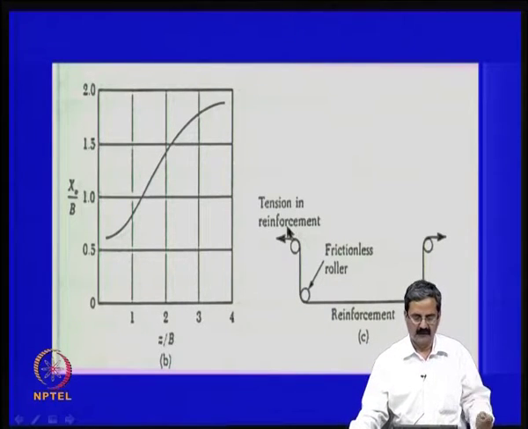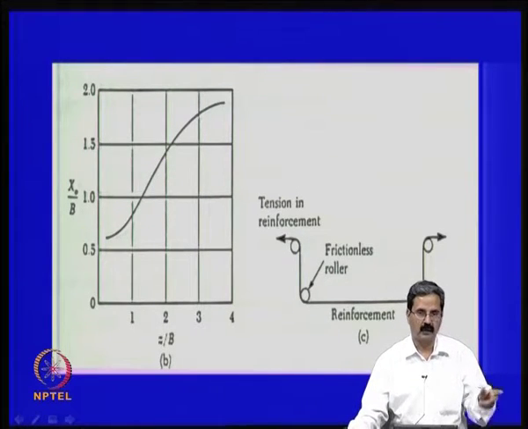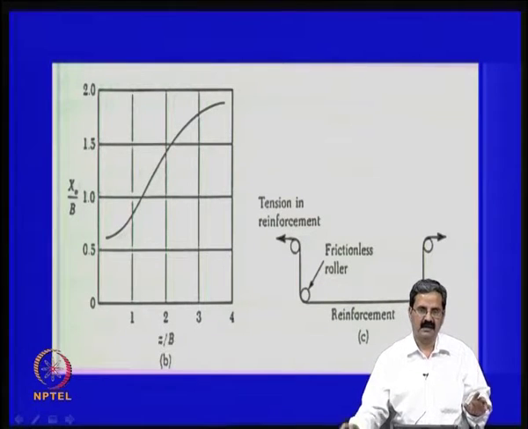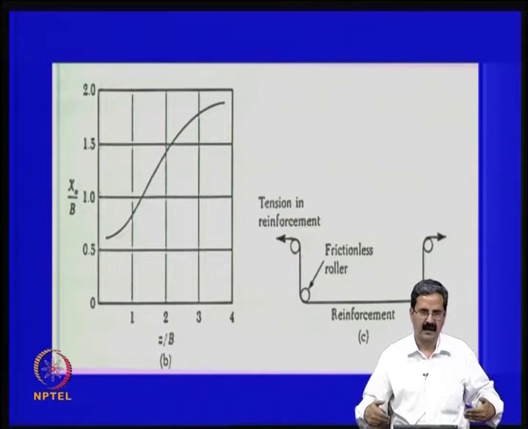So, that is the assumption, that at that point x naught, we assume that there is a frictionless roller working, to make our calculation simple, and that if there is so much load, there is so much tension here, and then there is also a spacing. The tension is because of the shear stress distribution, right.